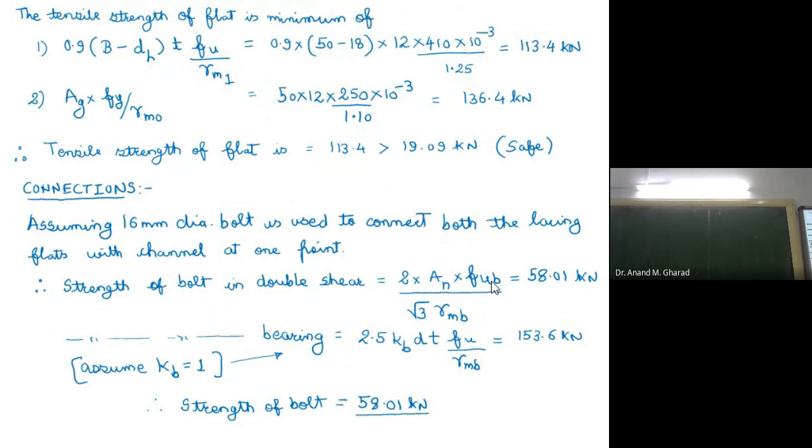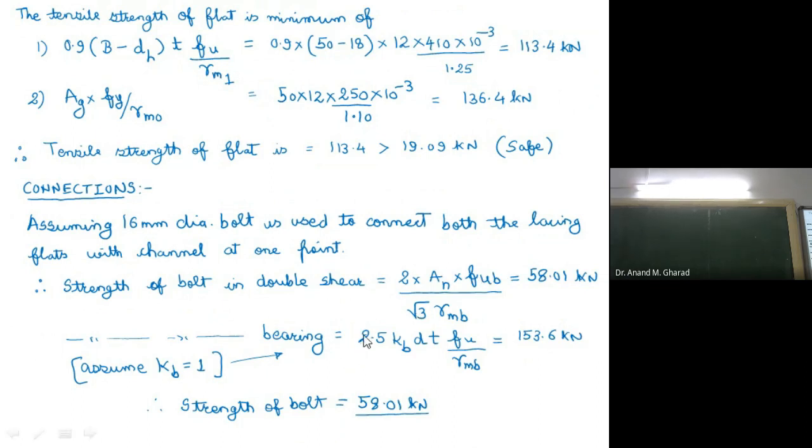How much? 58.01, 57. Okay. ठीक है, 58. I must have considered that value to be 0.8. 0.8 times the gross area. तो उससे आएगा वो 58 point. कोई प्रॉब्लम नहीं. Even if you consider 0.7, it doesn't matter.